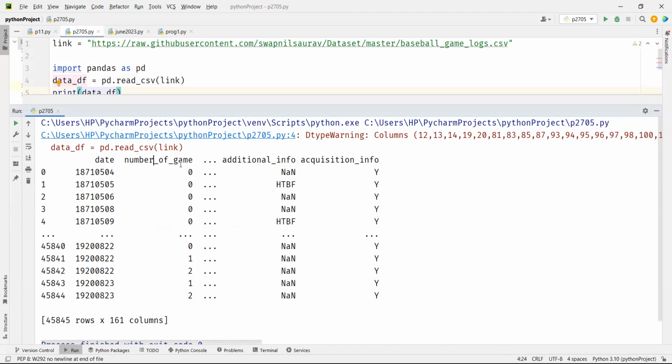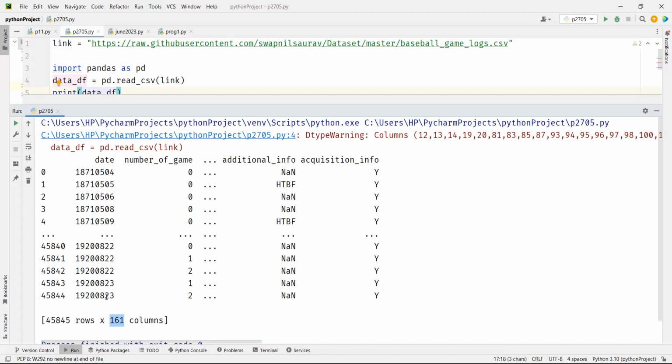It will not be able to show all the columns. See this, it has 45,845 rows and 161 columns. So almost 46,000 rows and 161 columns.